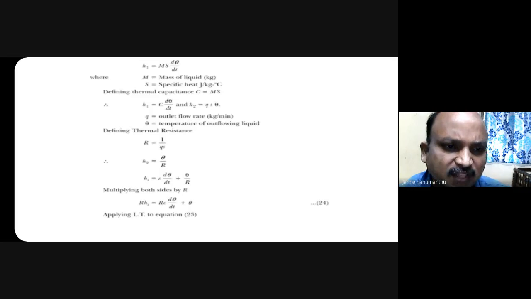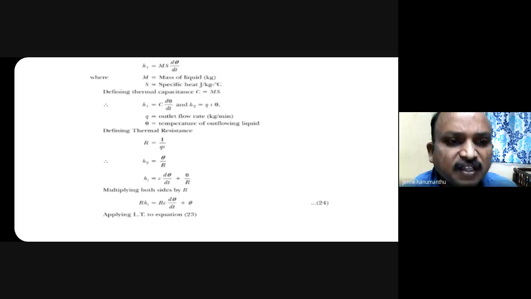But how do you get thermal resistance? The thermal resistance is from the outlet temperature, the outlet of the tank. And from the surface of the water in a tank, you can expect thermal capacitance. So again, two parameters here also we have to consider.